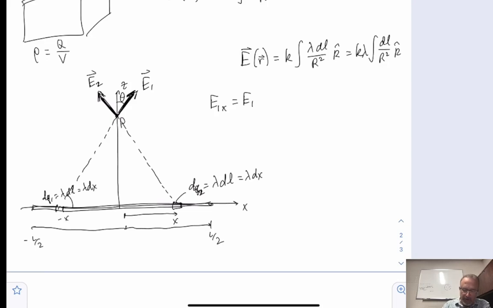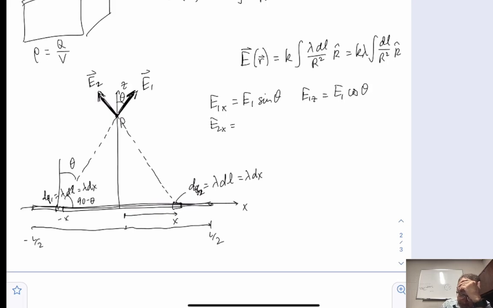So if theta is that angle there, then this angle here would be 90 minus theta. This angle here is also theta. So the x component of E1, that's opposite the angle theta. That would be E1 sine theta. And E1z would be the component adjacent to the angle, so E1 cosine theta.